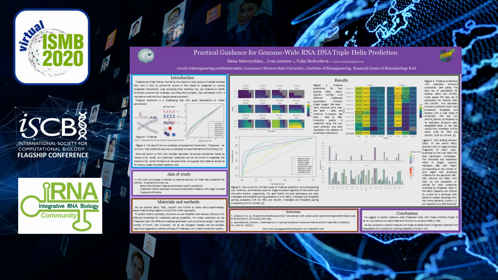And we found that RNAplfold outperforms RNAfold, and best thresholds for nucleotide pairing probability are 0.5, 0.95, and 0.97.